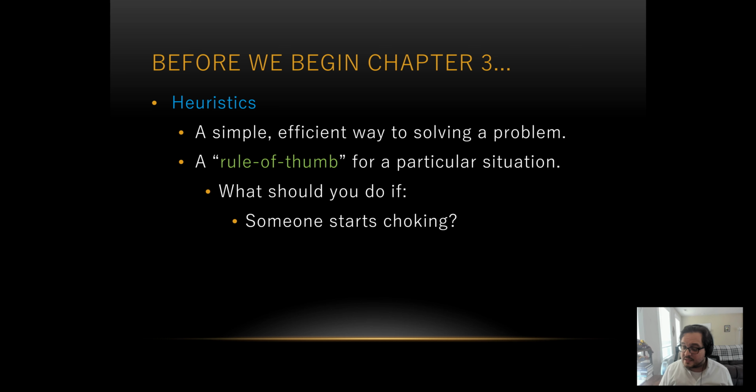The idea is that you want to compress the rib cage so that the air within your lungs gets compressed and pushes on whatever's lodged in the throat. That's the Heimlich maneuver. You want that to be an automatic, relatively simple rule of thumb for what you do when someone is choking, because in that moment, you might not have time to think about it. If you're fumbling around with that, someone could choke.